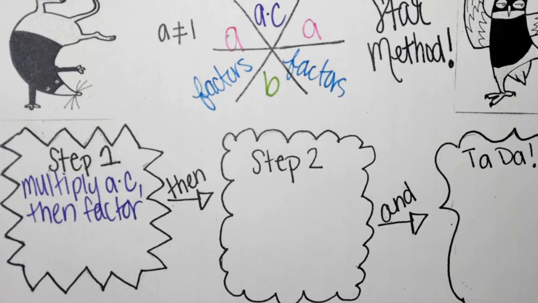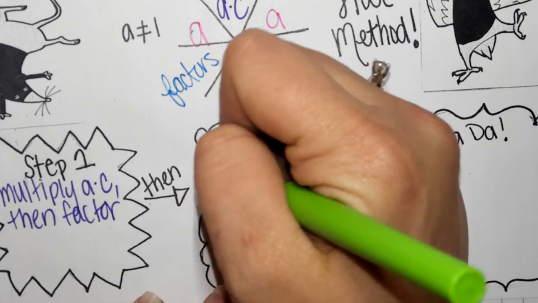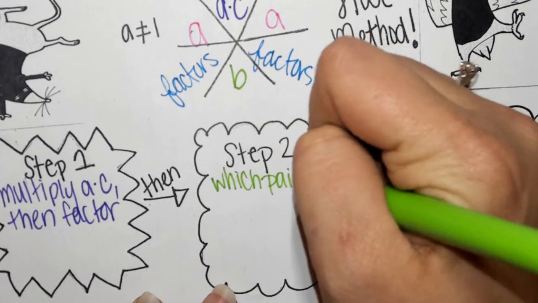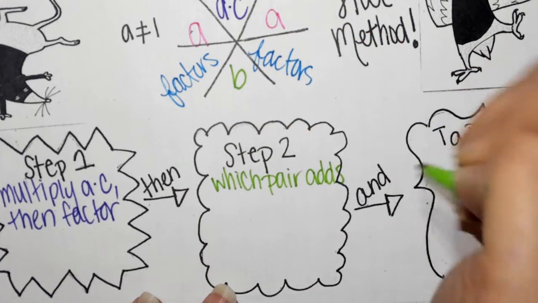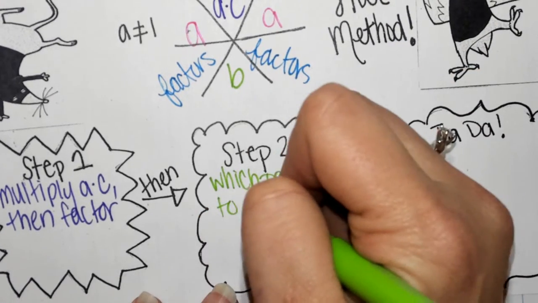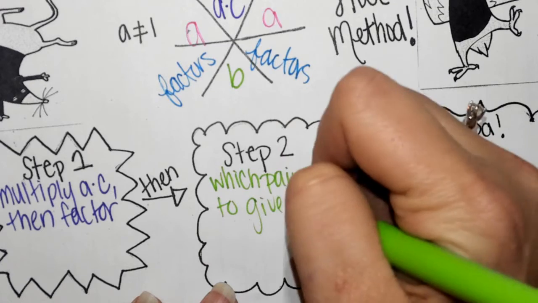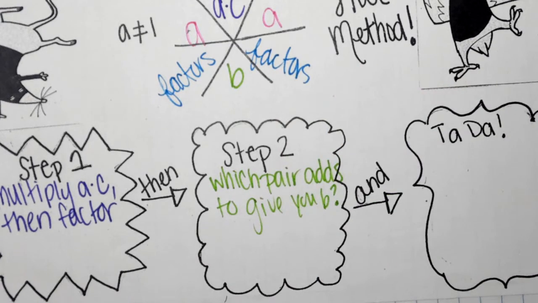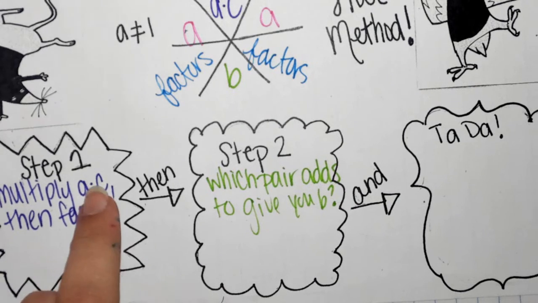Alright, step 2 says which pair adds to give you B. So we're still trying to find two numbers that multiply to give you C and add to give you B. But first we just have to multiply.